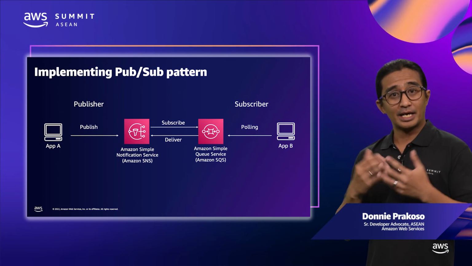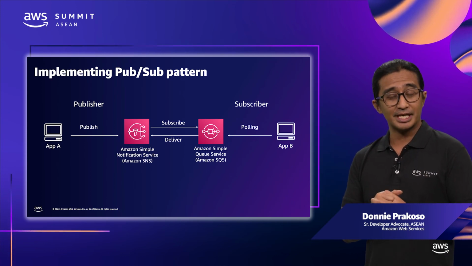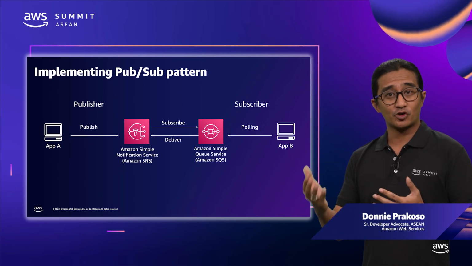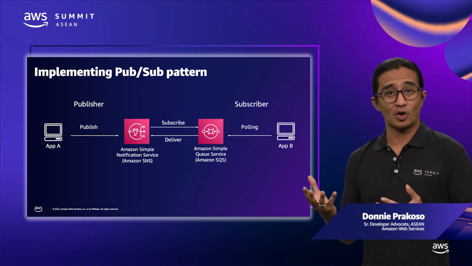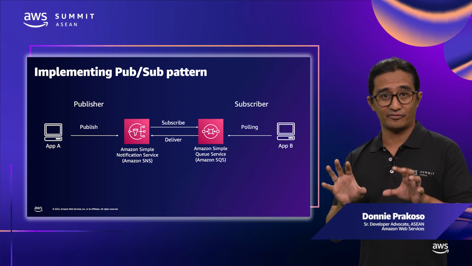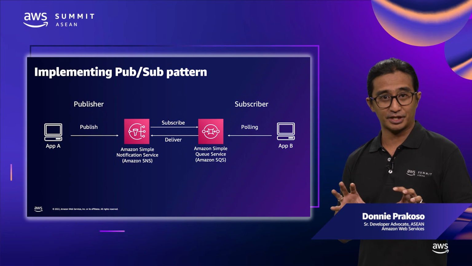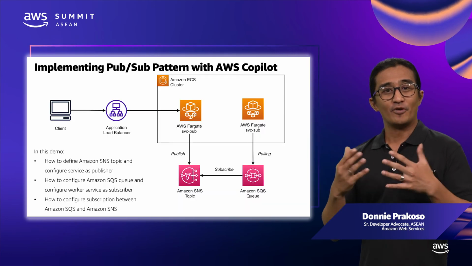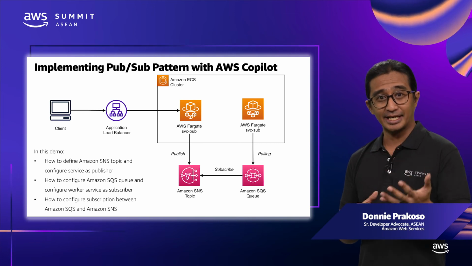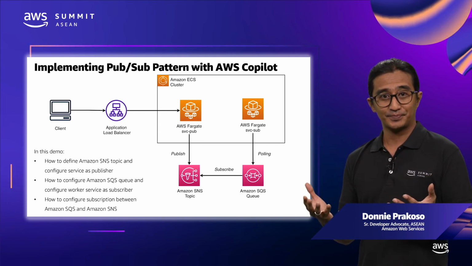One of the patterns that we can use to decouple our services is called pub/sub. Pub/sub, also known as publish-subscribe, is a form of asynchronous service-to-service communication that provides instant event notification as we decouple our services. With AWS, you can easily implement pub/sub by integrating Amazon SNS and Amazon SQS.